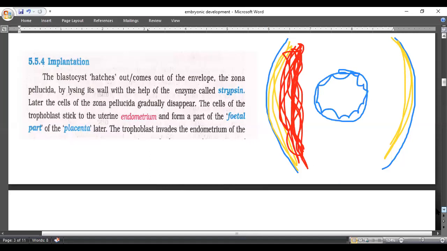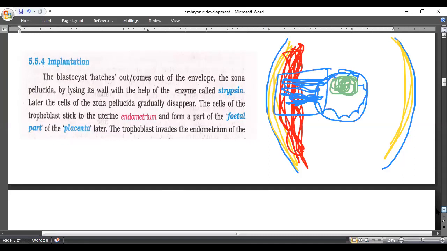Let me draw the inner cell mass also, so as not to get confused. The cells of the trophoblast stick to the uterine endometrium and form a part of the fetal part of the placenta. We'll discuss the fetal part of the placenta later.